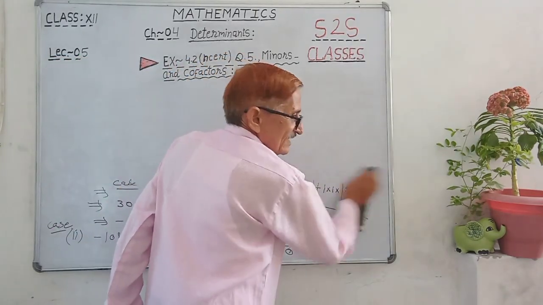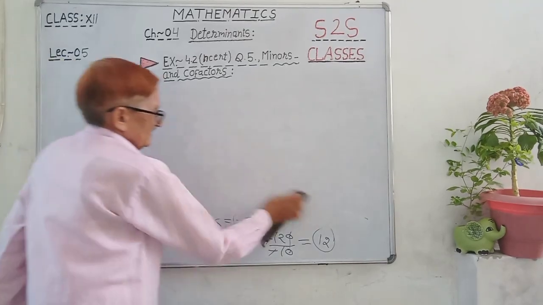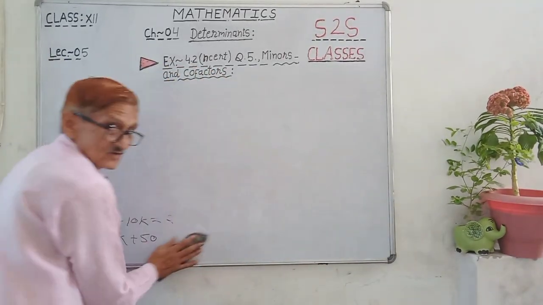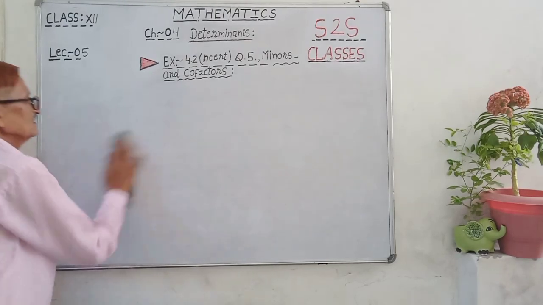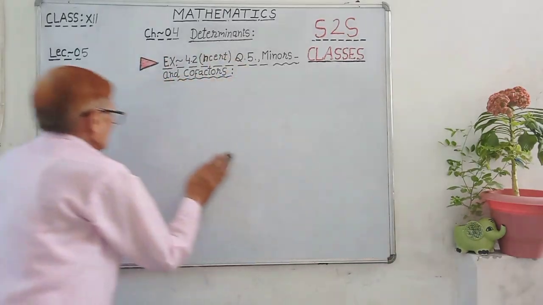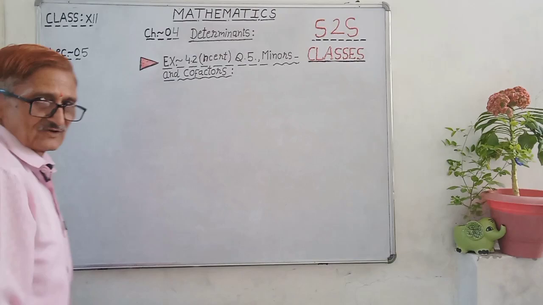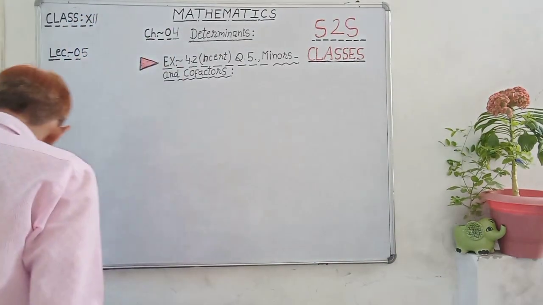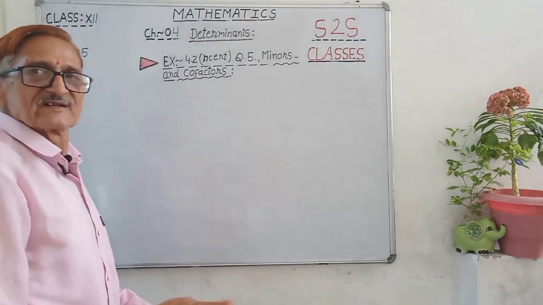If the area of the triangle and the vertices are given, and in any one vertex one coordinate is unknown, any p, k, m, n, we can find it if the area is given, like these two cases.